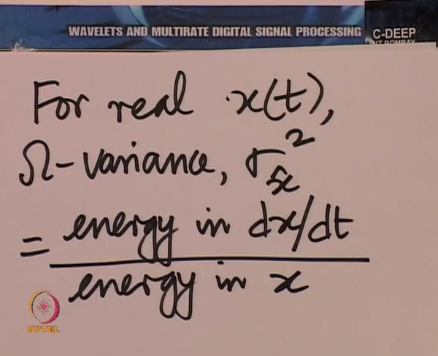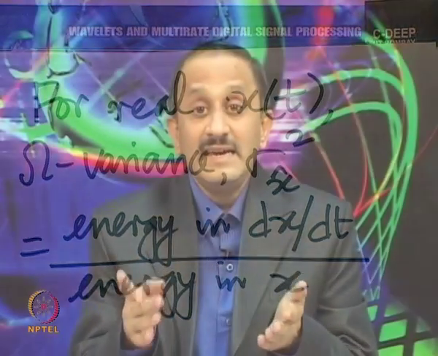And now, we have the answer why we ran into a problem for phi t. As you can see, phi t is discontinuous. So, when its derivative is considered, there are impulses in the derivative, and impulse is not square integrable, and therefore, the numerator of this quantity diverges if you look at it from that perspective. The moment we have a discontinuous function, we have an infinite frequency variance, and there we are.